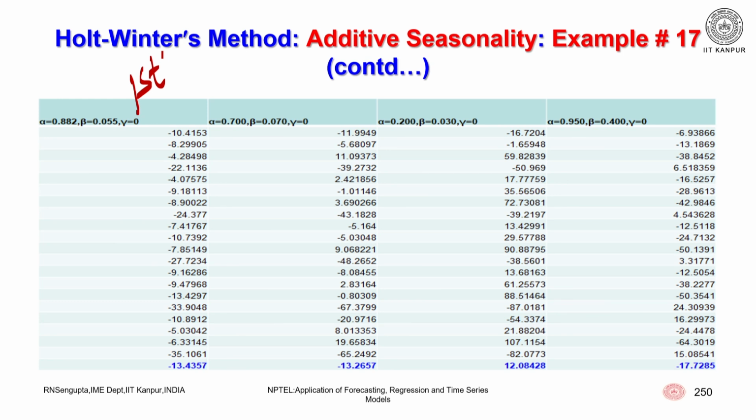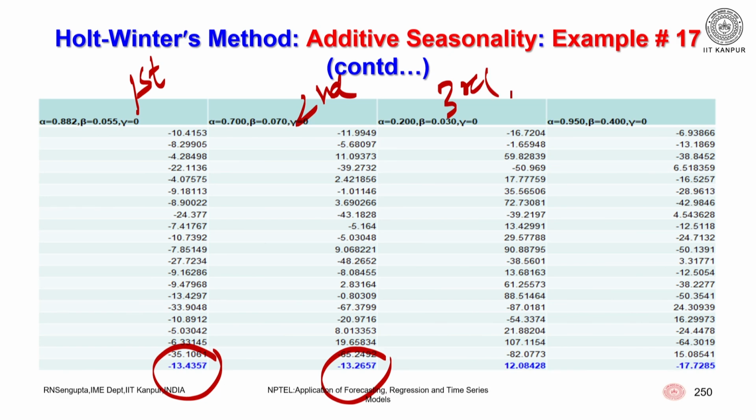For the first instance, alpha 0.82, beta 0.055, gamma 0, the value comes out to minus 13. For alpha 0.7, beta 0.7, gamma 0, minus 13. The difference in the second column is very small. In the third column, which is alpha 0.2, beta 0.3, gamma 0, it is plus 12.